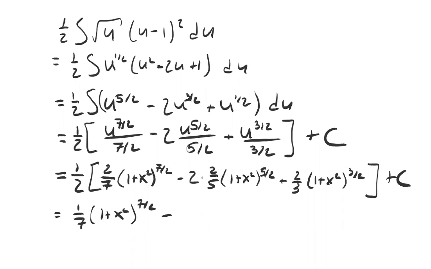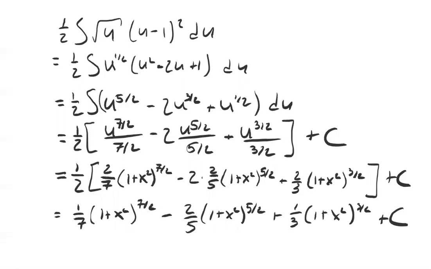So the 1/2 cancels one of the 2's, you're left with 2/5, 1 plus x squared to the 5/2 plus 1/3, because the 1/2 and the 2/3, you get the 2's to cancel, 1 plus x squared to the 3/2 plus your arbitrary integration constant. And this is an x squared here. All right, so that would be my answer here.